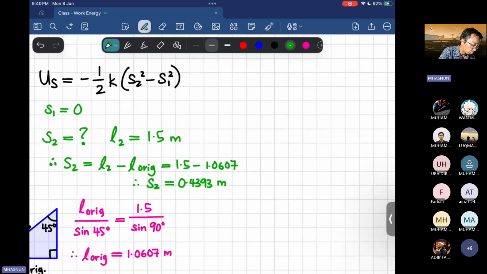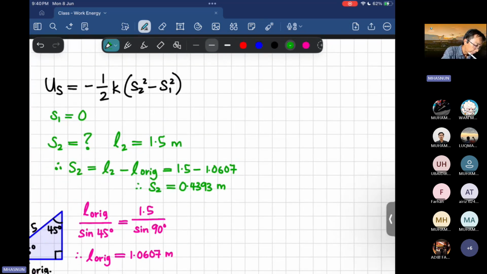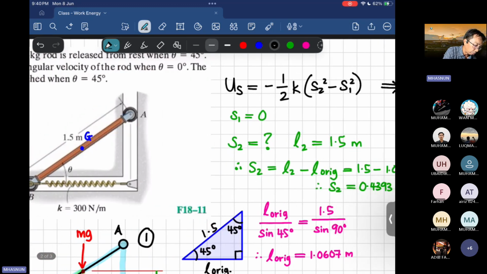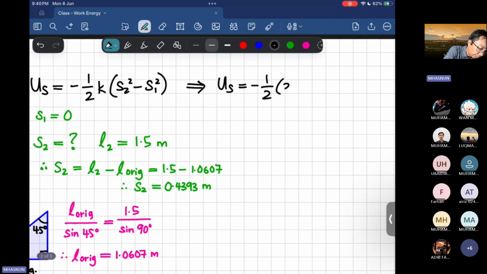So once we have all this information, kita akan substitute dalam US. Okay, US. So US is basically minus 1/2 multiply with K. What is the value of K here? 300 Newton per meter. Okay, K is 300. And then we have S2 square, which is 0.4393 square minus 0.